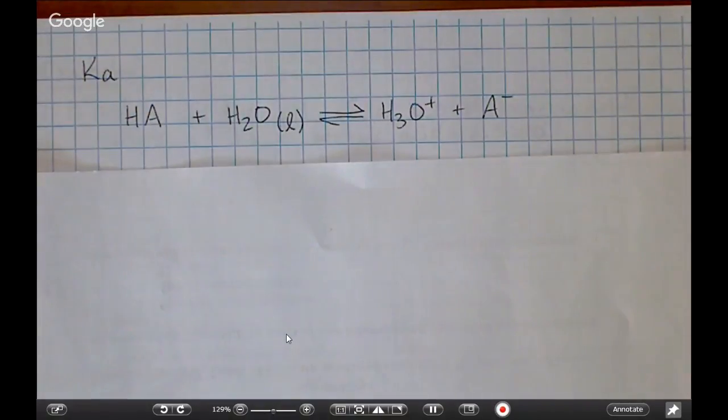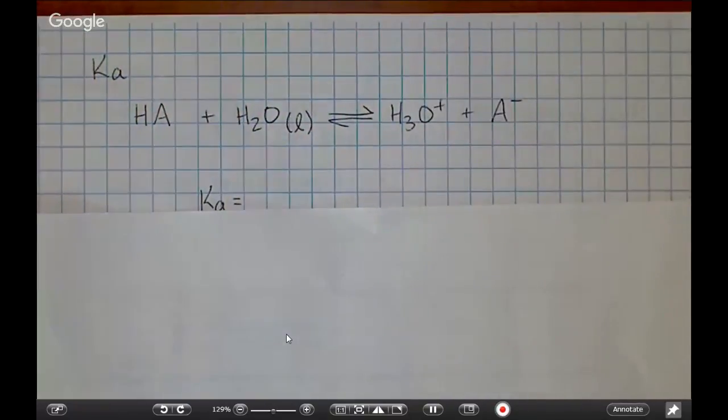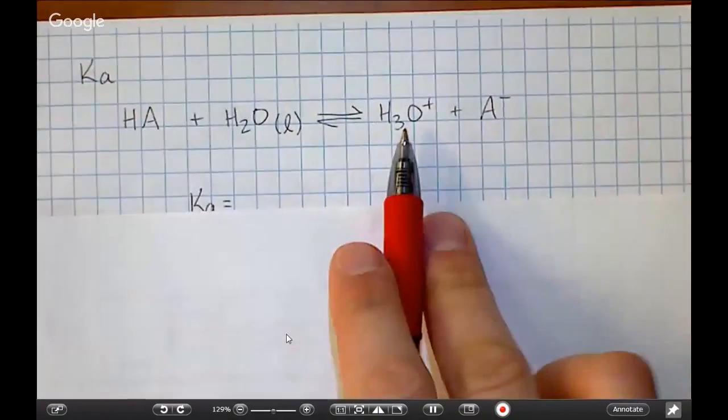So, here's an example. Say we have a generic acid, HA, and we dissolve it in water. Water is a liquid, of course. It's a pure substance. And HA dissociates into hydronium because water accepts a proton.